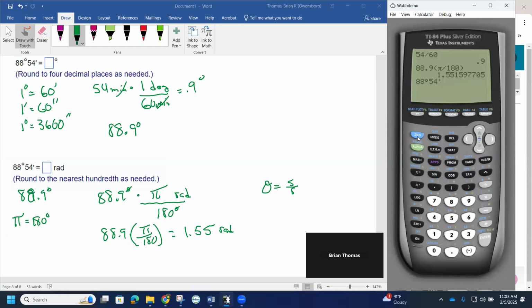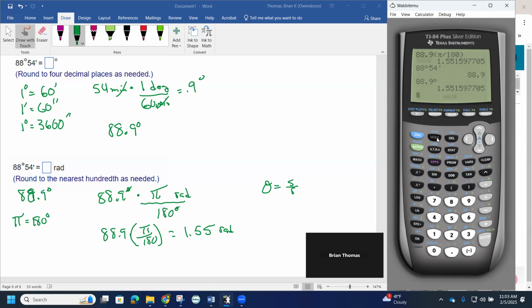And then if I hit enter, it'll turn into 88.9 degrees. Now, if I type the 88.9 in, if I hit degrees and hit enter, it should then turn it to radians because the mode in the calculator is in radians. So it understands that this is going to now get turned into radians.